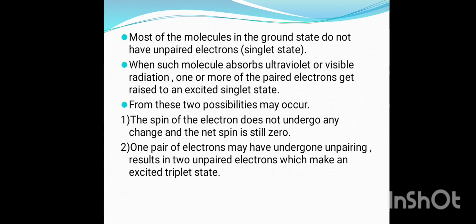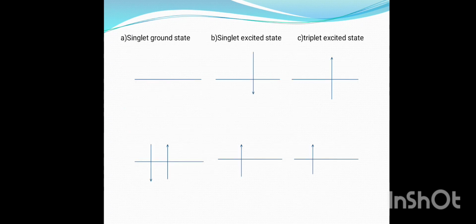The spin of the electron does not undergo any change, meaning the net spin is 0. In the second situation, one of the electrons becomes unpaired, and the two unpaired electrons make a triplet state, meaning one of the electrons gets excited to the triplet state.